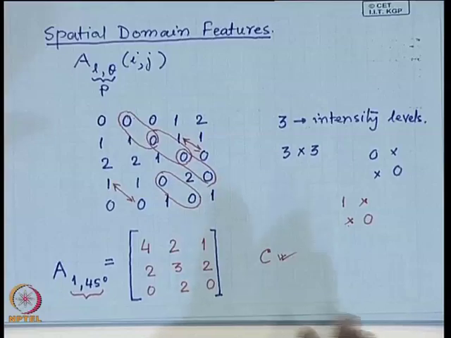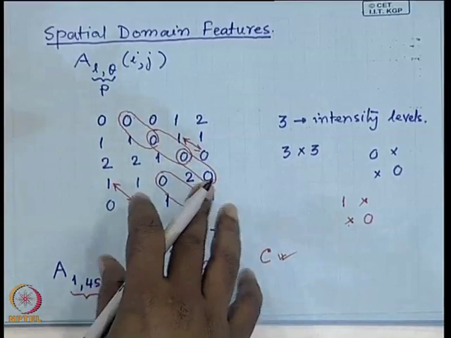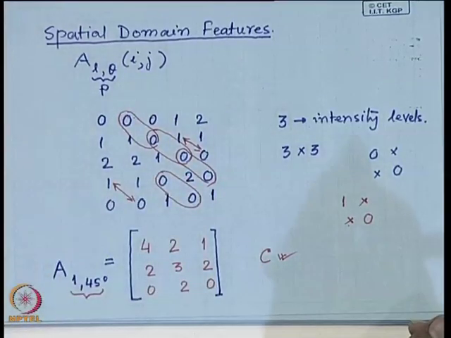The information you get from this is about the intensity pairs which occur within the image following some position parameter, such as the regularity and the interval at which the different intensity pairs occur.